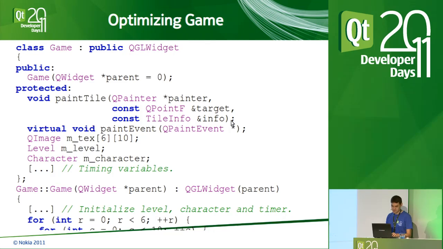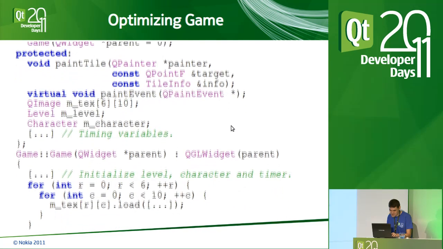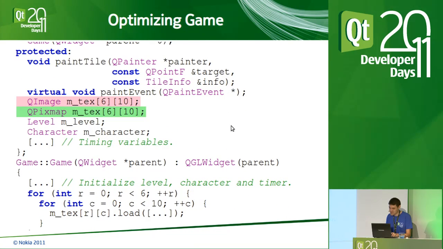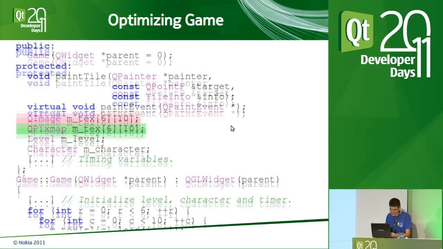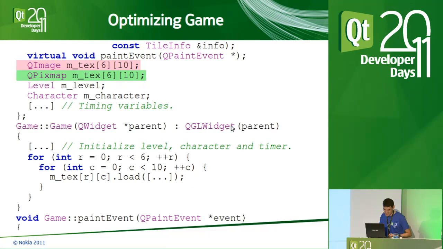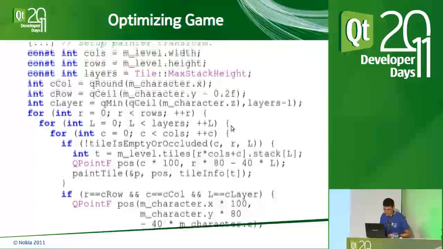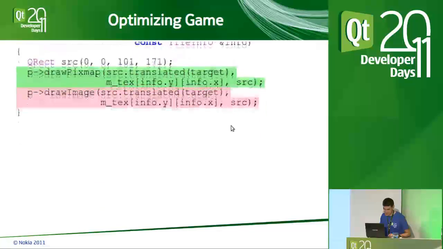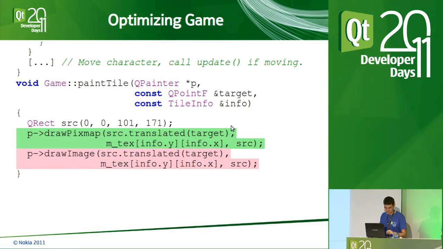So in this case, it doesn't make a difference, but we can do that anyway. So it looks like this. It actually makes another optimization easier, so it makes sense later. So then you draw a pixmap instead of an image.